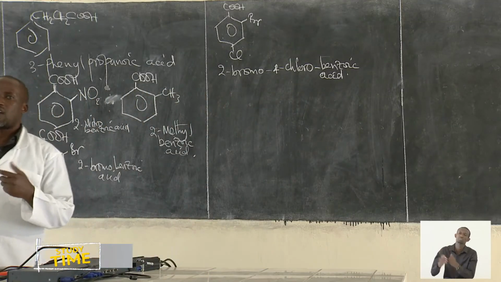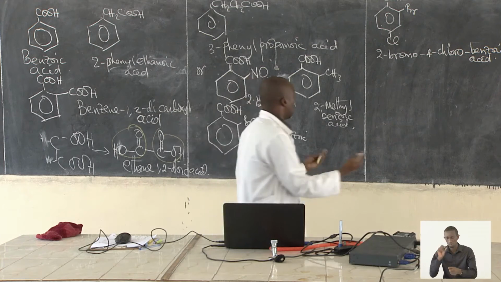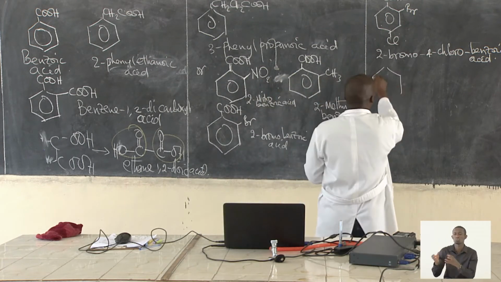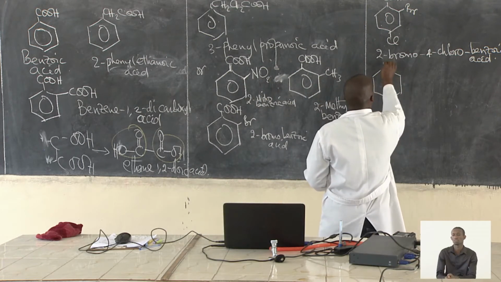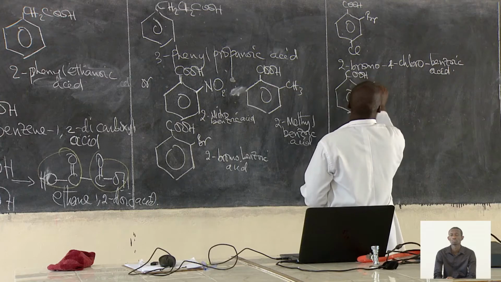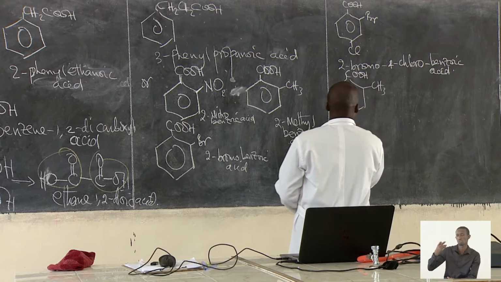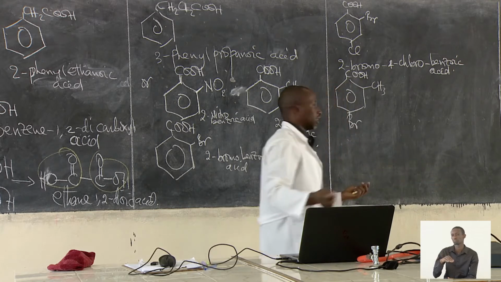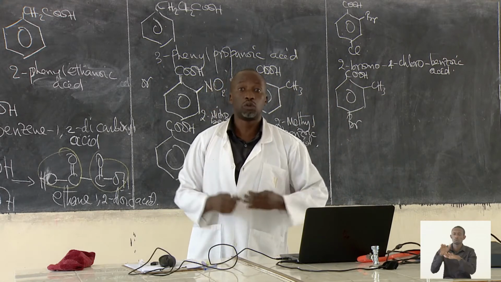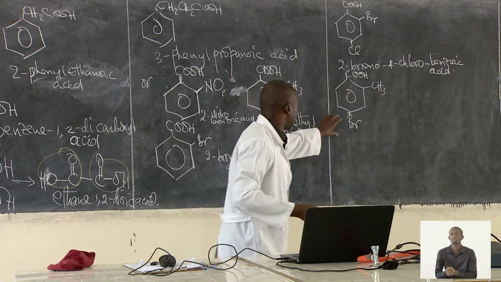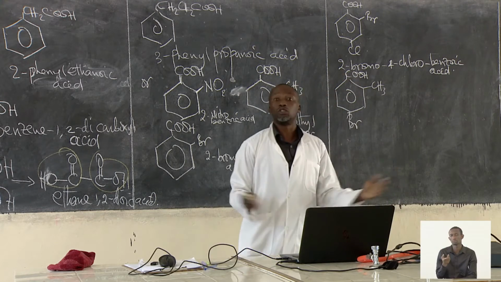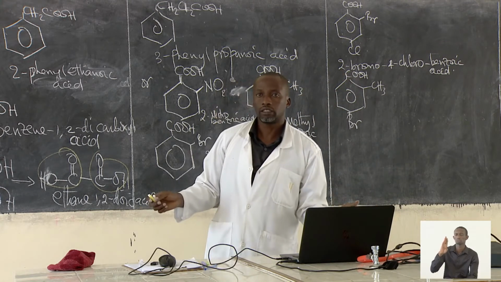You may have other substituents, a methyl group attached there. You may have a methyl group over here, and you have a bromine also attached. All these are substituents. This one still is a benzoic acid, right?